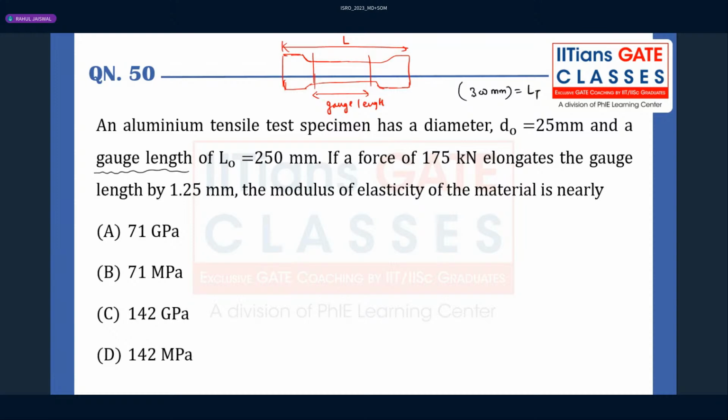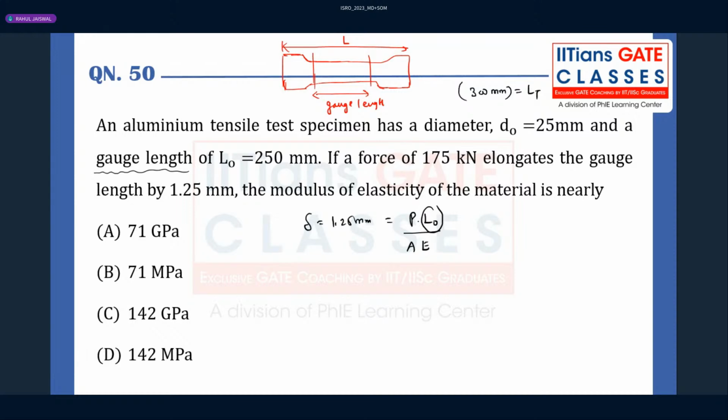Then definitely you have to subtract 300 minus 50, that is 250, and take it as the gauge length. Because they are asking about the elongation of 1.25, this elongation is P into L naught divided by AE. So this L naught is, my dear friend, the gauge length. In whatever formula we are using, it is the gauge length, not the total length.